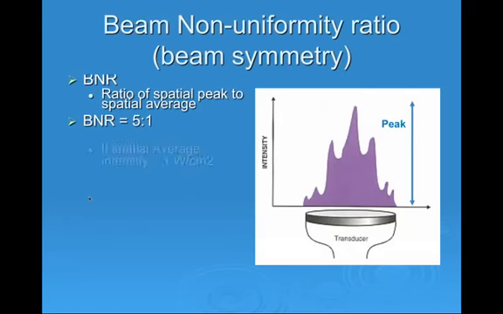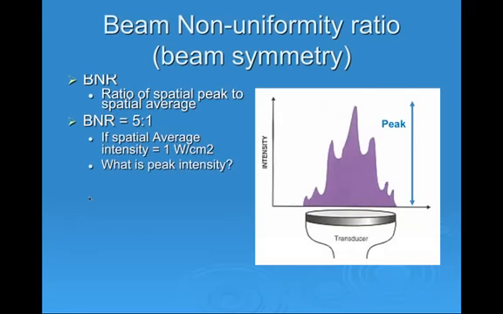With a BNR of 5 to 1, and if we've turned that up to 1 watt per square centimeter, our peak intensity is given to us as 5. All right, so what we're doing is taking that peak intensity, so the BNR is 5 to 1. It's showing what our highest peak could possibly be.